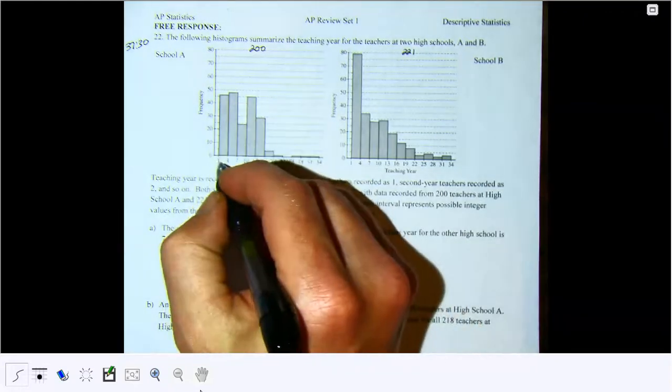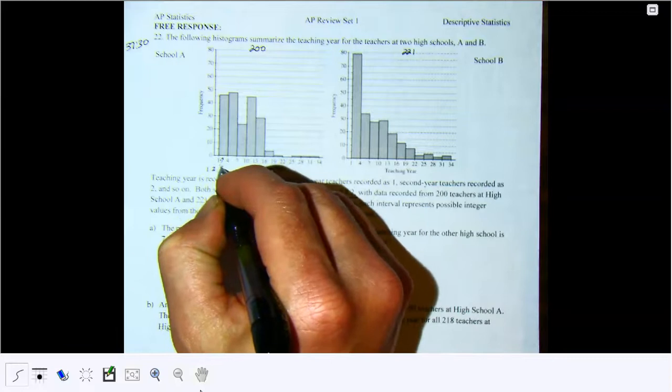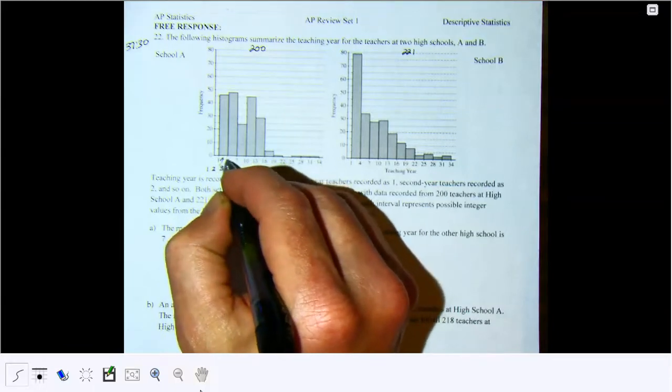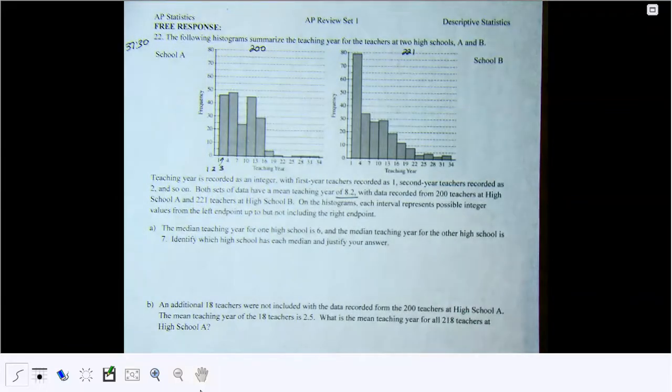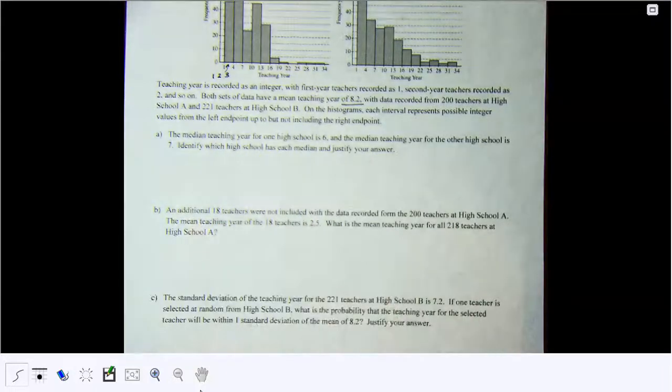So for example, in this one, first year, second year, and third year teachers are included. Fourth year teachers are going to go up into the second bar. Identify the median teaching year: one high school is 6, the other high school is 7. Identify which high school has each median and justify your answer.